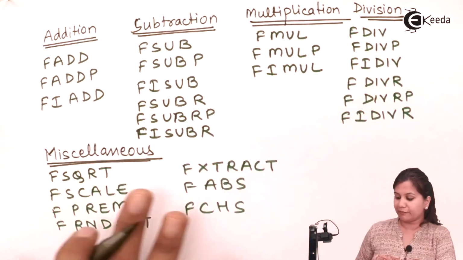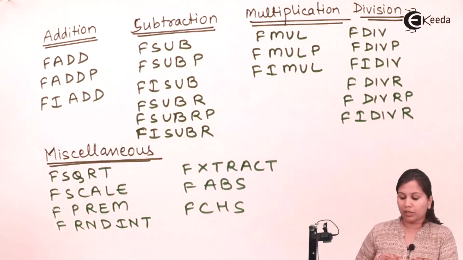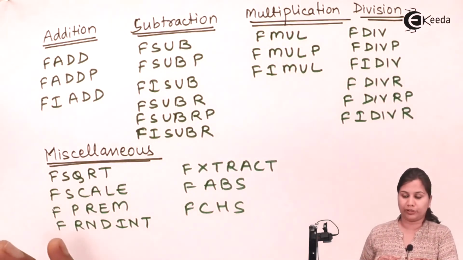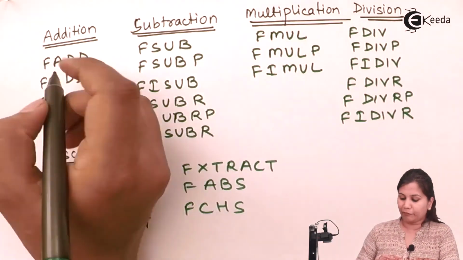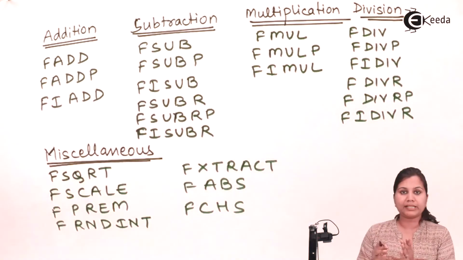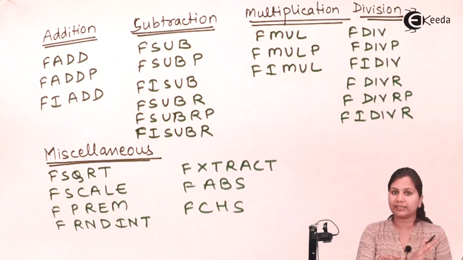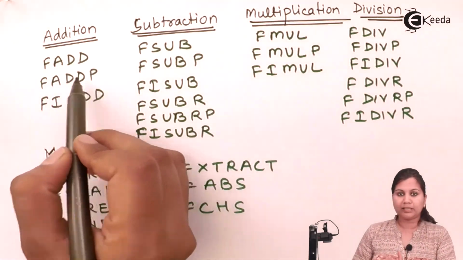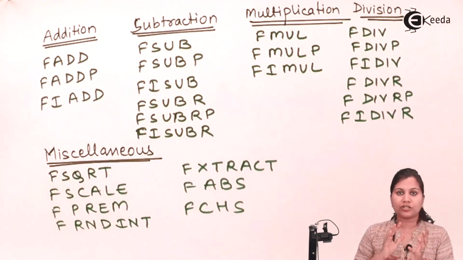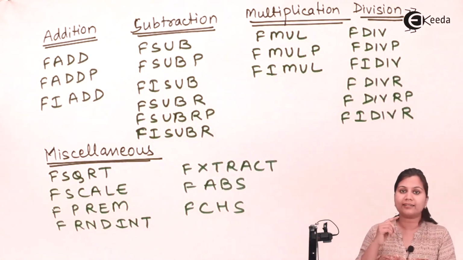So it will be easy for us to remember all these instructions and what operation they perform. We can summarize them: for addition, subtraction, multiplication, division, this is the simplest operation between the source and the destination. P means that source and destination are added, subtracted, multiplied and divided, and the difference is that the stack pointer is incremented by 1.